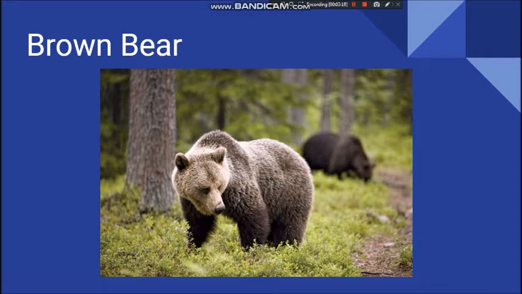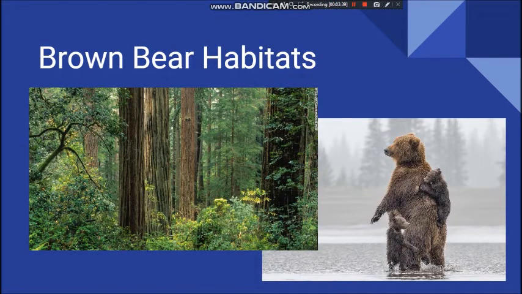Since it can't swim in the water like a fish, it lives on land and it eats plants and animals, mostly animals though, such as fish. And so it's known as an omnivore, meaning it eats both plants and animals. The habitat it lives in includes the woodlands, but also rivers where they catch fish, especially fish known as salmon.